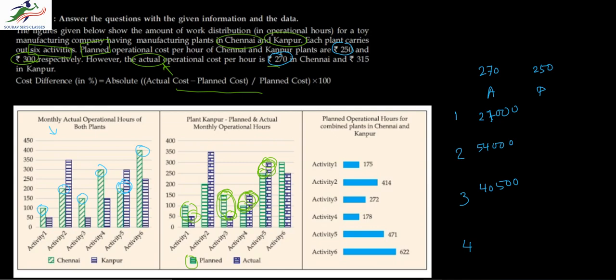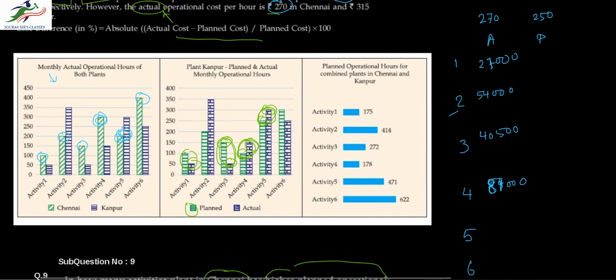And then 200 into 270 again would be same as 2, so 54,000, and then activity 4 is 300 into 270, which would be 81,000, and activity 5 would be 200 again, so activity 5 would become 54,000, and activity 6 is 400, so it's double of 200, so 108,000.